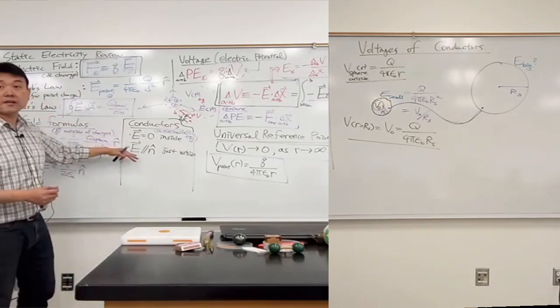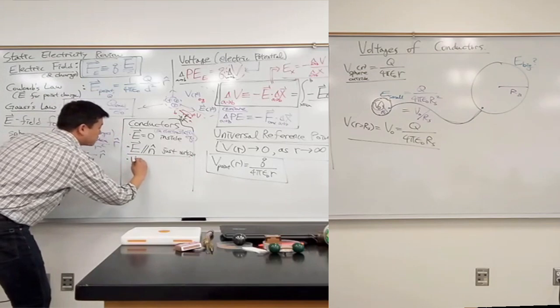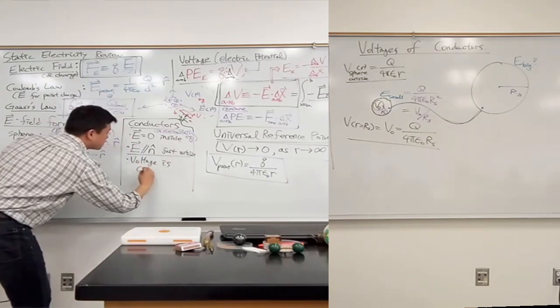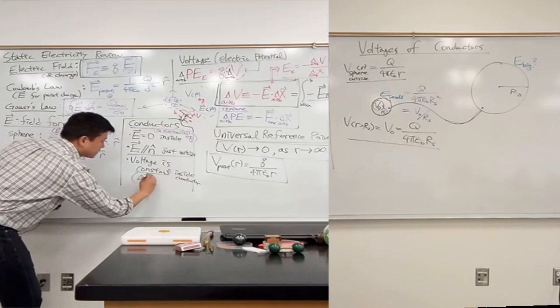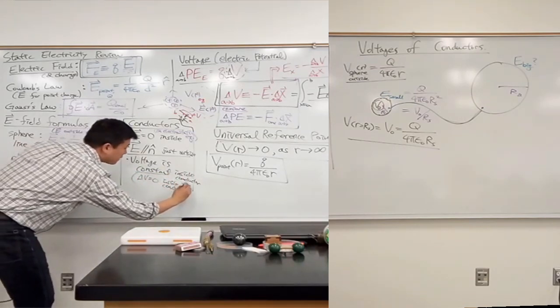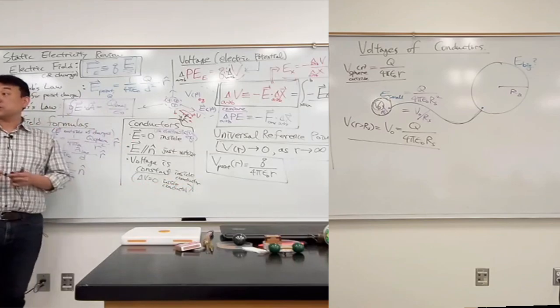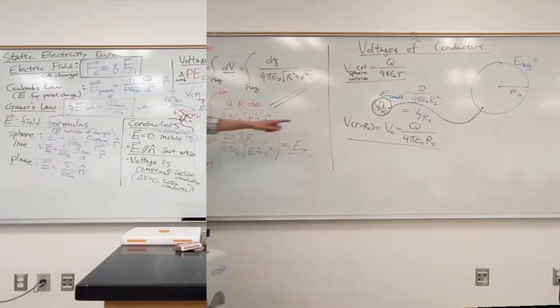So that's the third and the last rule about conductors, which is that voltage is constant inside the conductor. Or, delta V is equal to 0 inside the conductor. Now, I want you to be careful. This does not mean voltage is equal to 0. On this conductor, voltage is not equal to 0.